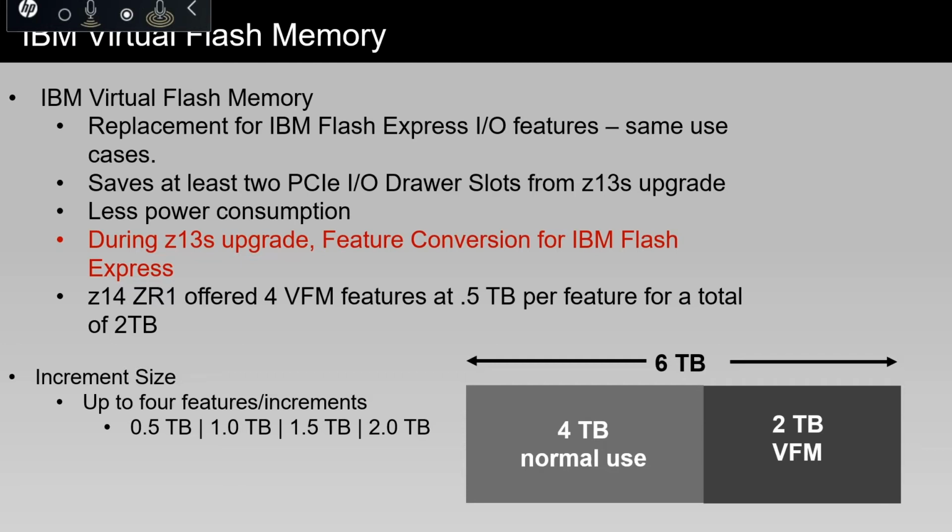And the one thing that's different from the PCI card is that the storage that you put in the flash increments does take away from the total storage that you can put in your central storage. But it does save the slots. And if you have these cards on a Z13S, IBM does have a conversion into the Flash Express for an upgrade.